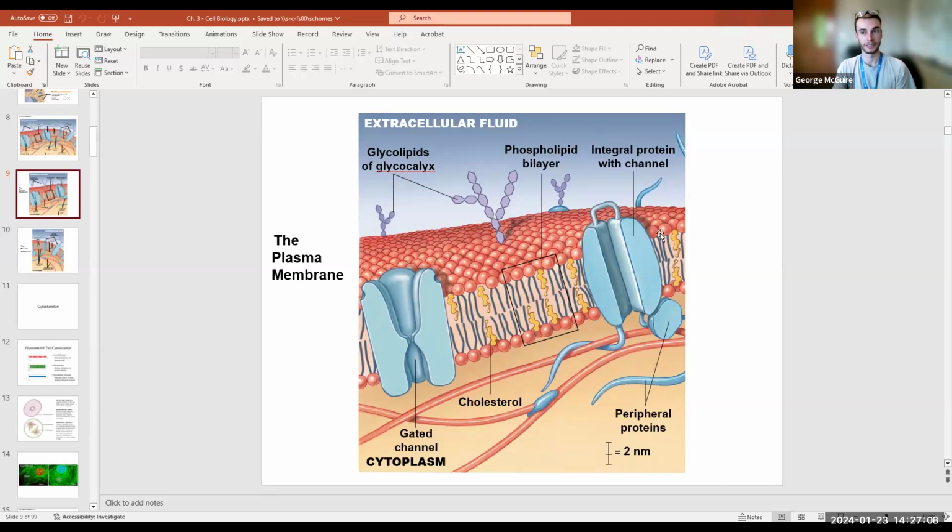But they do serve very similar functions. Integral proteins are more likely to be utilized with transport or cell recognition, whereas a peripheral protein might be more likely to be involved in an interaction like providing energy for a chemical reaction or activating another integral protein, like what we see here.